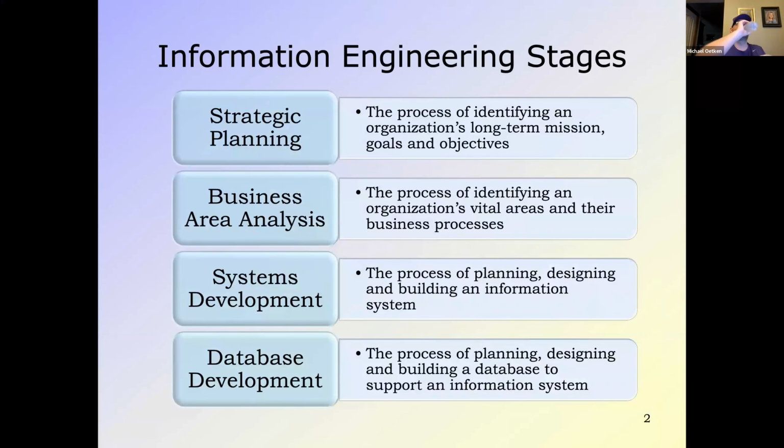So this is that second stage of information engineering. So usually you'll meet with a client, understand what their strategic goals are, what the mission is of their company, hopefully identify some of those objectives to help meet those goals.